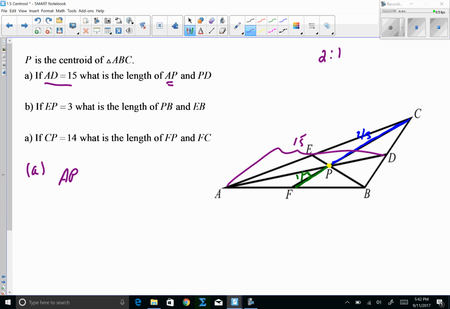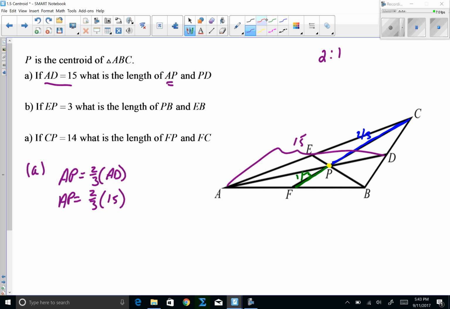So AP is going to be equal to, now AP in this example is the larger section of the line segment. So that's going to be 2/3 of the entire thing, which was AD. Plugging in my information, AP is going to equal 2/3 of AD, which we already know is 15.